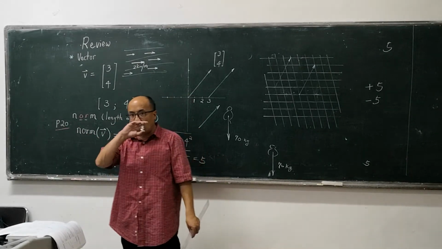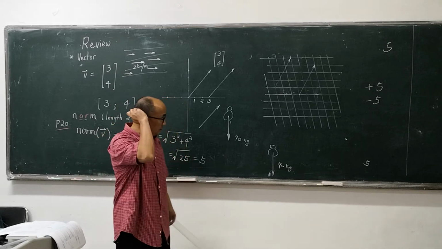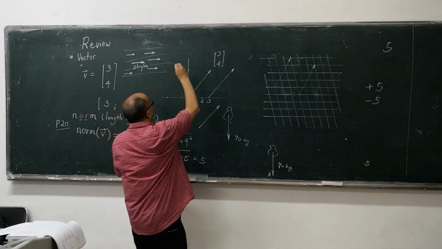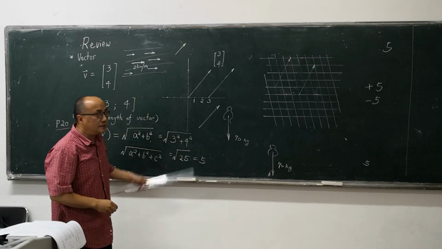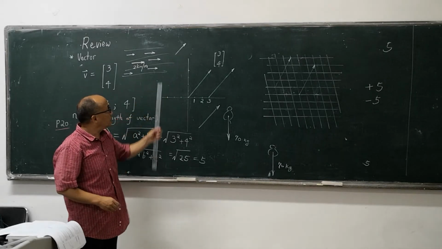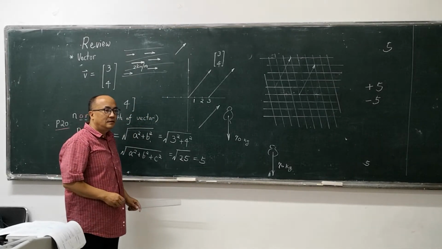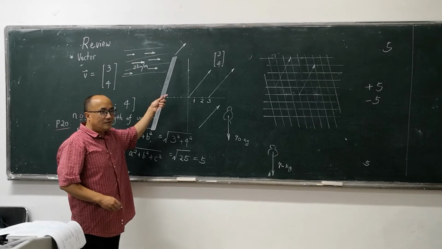If the weather forecast says we have wind, let's say there's a direction. Say today the wind is this direction, north, south, east, west.